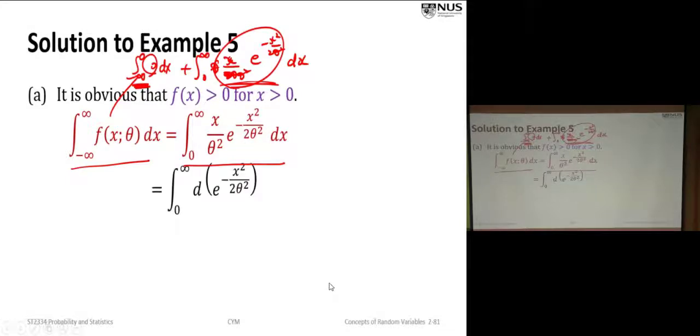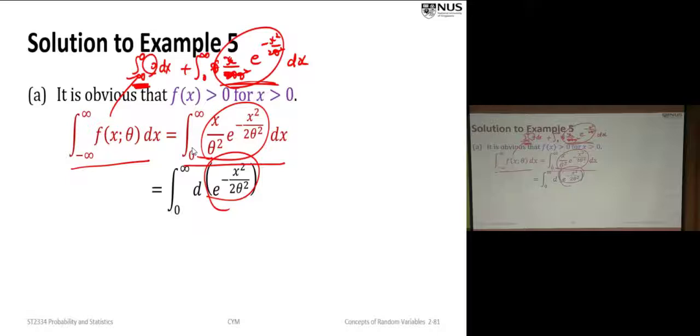Then it is equal to the integral from 0 to infinity of the derivative of e to the power of minus x squared over 2 theta squared. This is quite obvious, because if you differentiate this with respect to x, you will get this part.